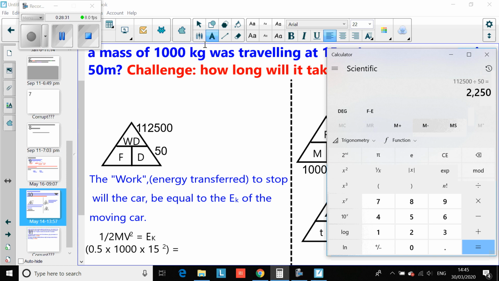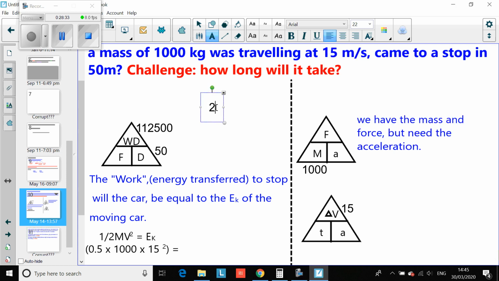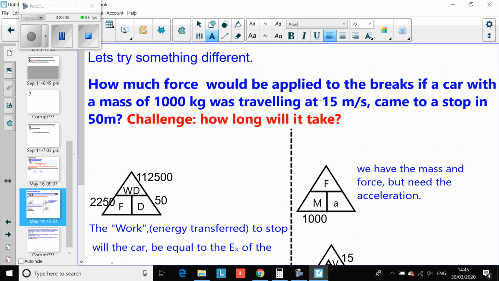Excellent. Right, so let's start by putting that in. 2,250. There. Okay, now the first question was, how much force would be applied to the brakes if a car with a mass of 1,000 kilograms is travelling at 15 meters per second and came to a stop in 50 meters.